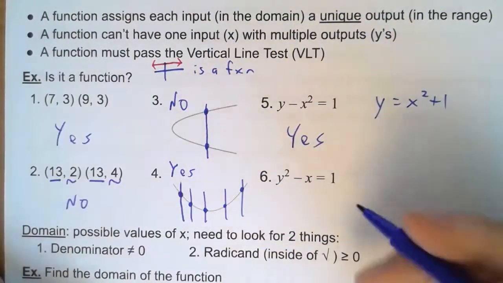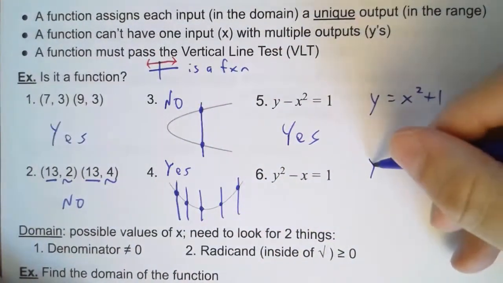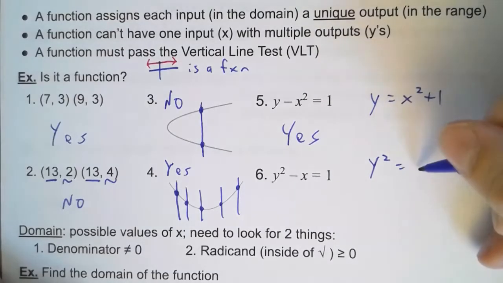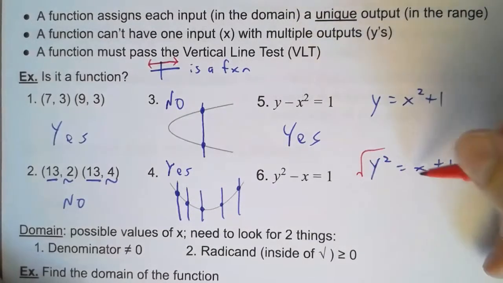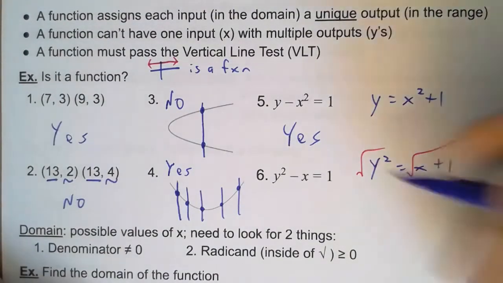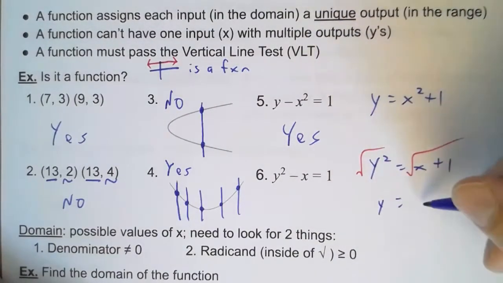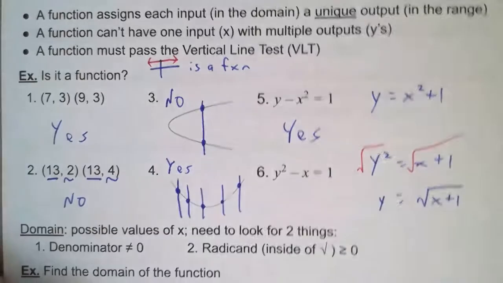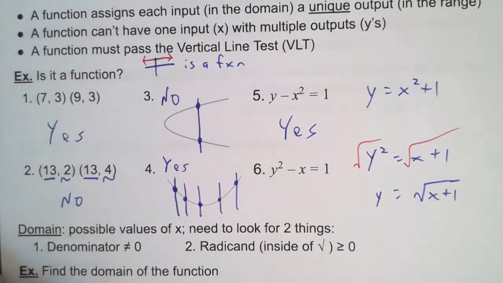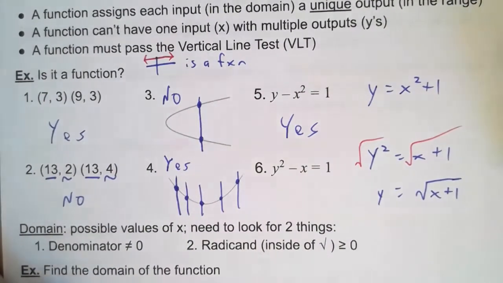How about this one? Isolate the y, I'll add the x over. And then I'll square root both sides. So I'll have y equals square root of x plus 1. Then wait a minute, you should be thinking, did I forget something? Is there anything else here?